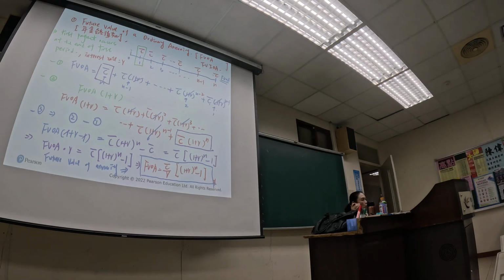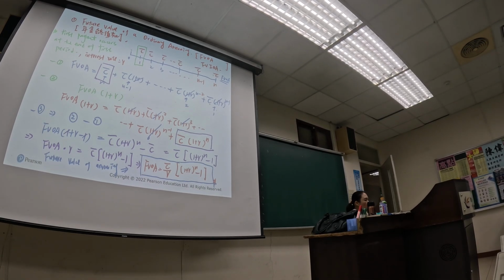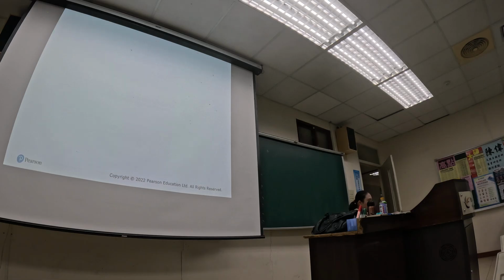And now, we are able to compute the present value of annuity from this formula. It should be very straightforward, because this formula already sums up all the cash flow into one payment only. So if you want to figure out the present value, just simply discount it back by n periods. So FVOA equals to C over R, 1 plus R to the power of n minus 1, right?